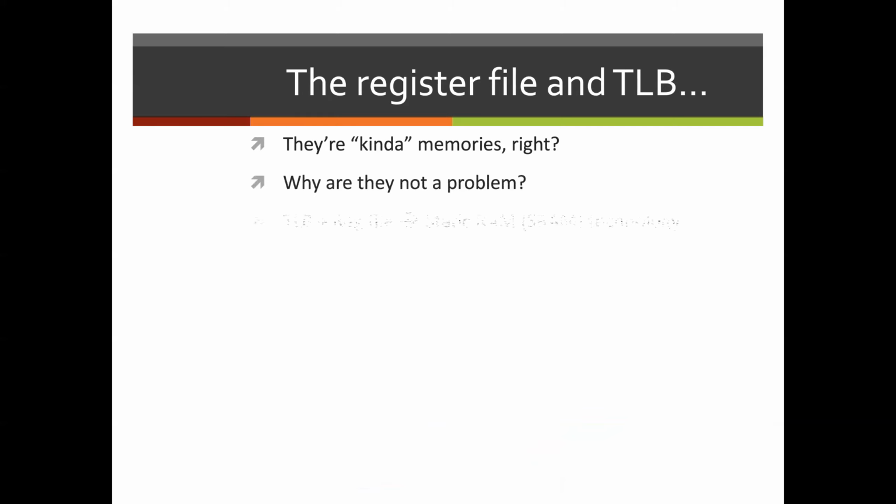So let's consider what exactly do we have with our register files and our translation look-aside buffer. They're kind of memories, right? So why are they not a problem? Well, you want to consider that the TLB plus the register file is going to use SRAM or static RAM technology.